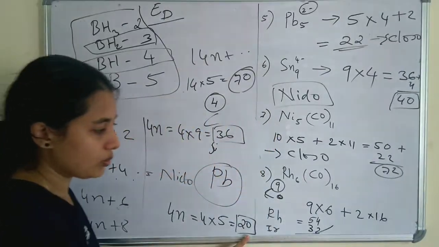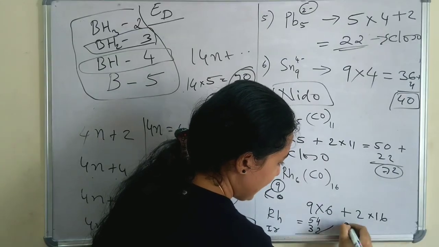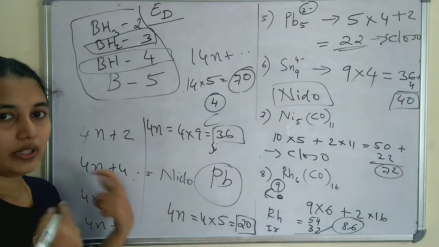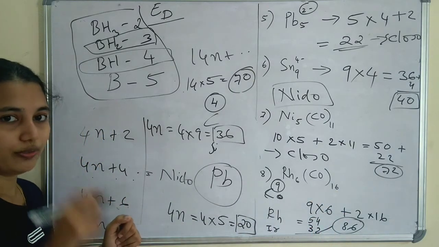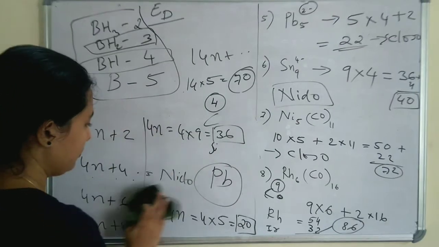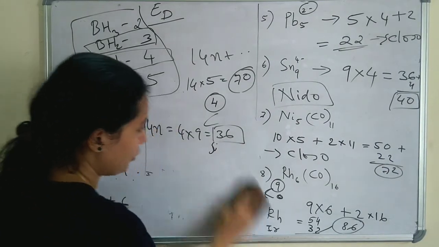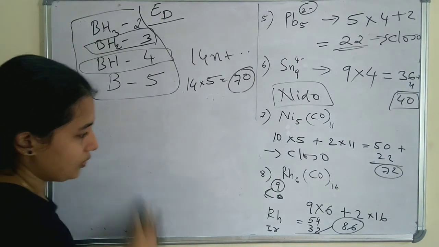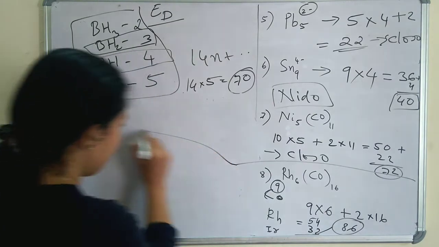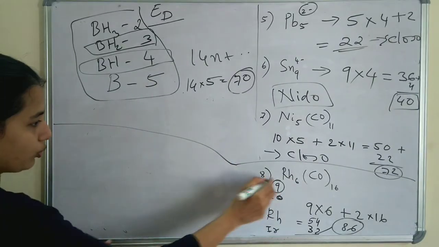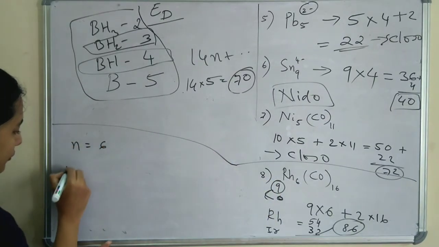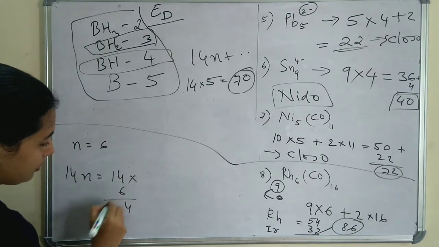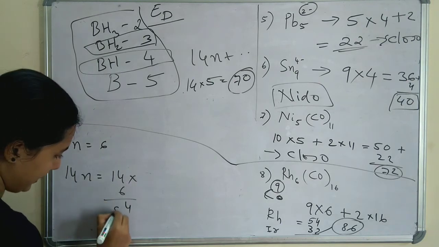So how many electrons in total? 4 plus 2 is 6, 5 plus 3 is 8, so 86 electrons are there in Rh6(CO)16. Now we have to find the structure. So what will we do? 14n, where n is 6, the number of rhodium atoms. 14 into 6: 6 fours are 24, 6 ones are 6, 8, 84.